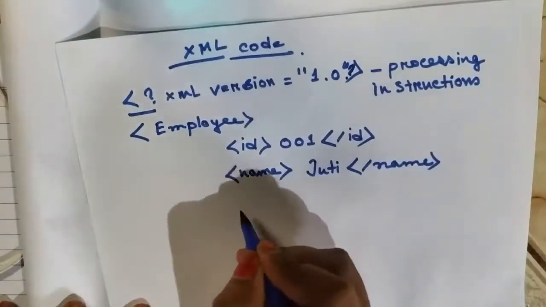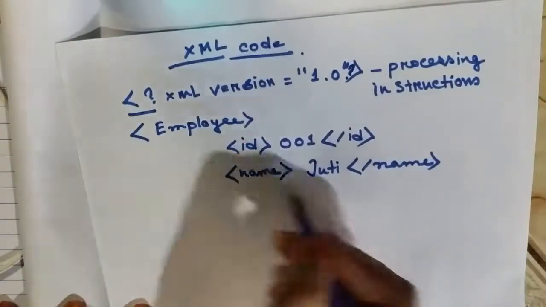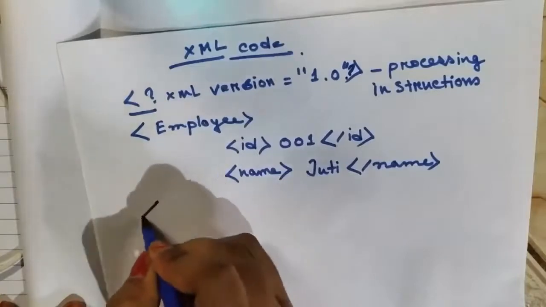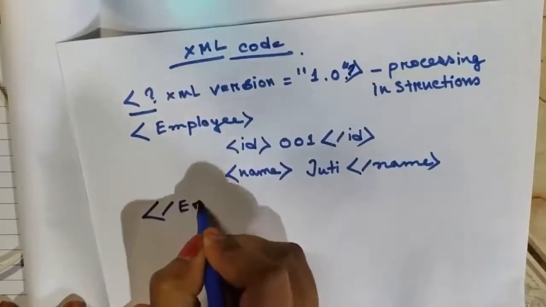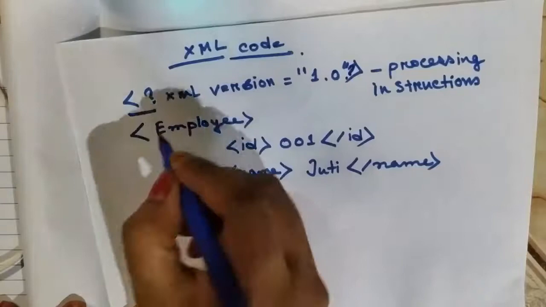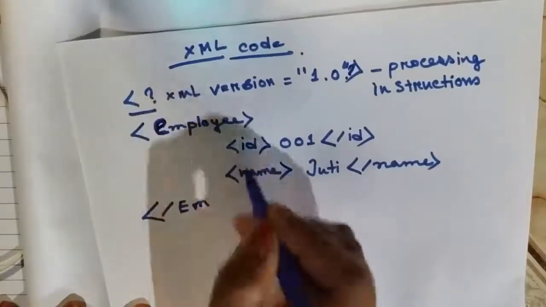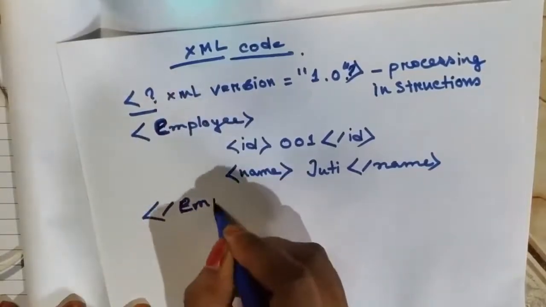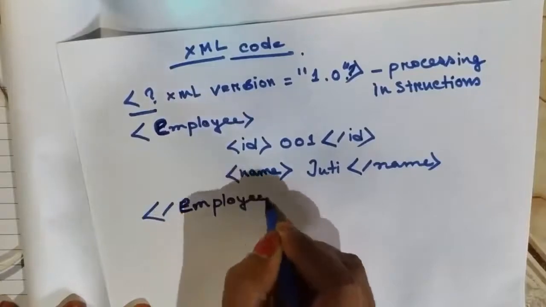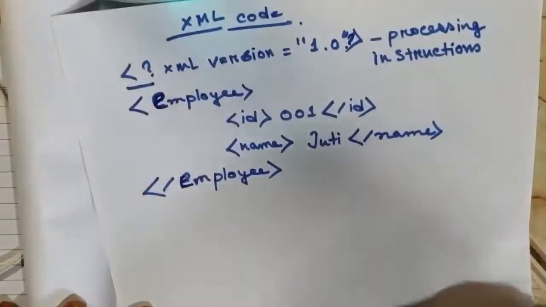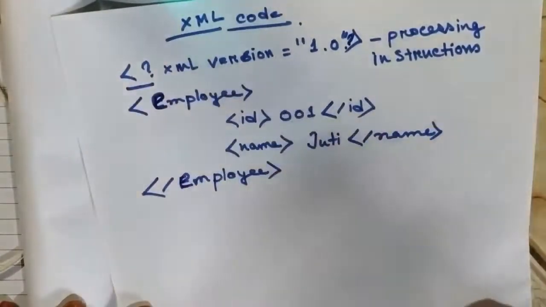Next, it's simple, I have closed the employee. It's actually a small e. So it is a simple XML program.